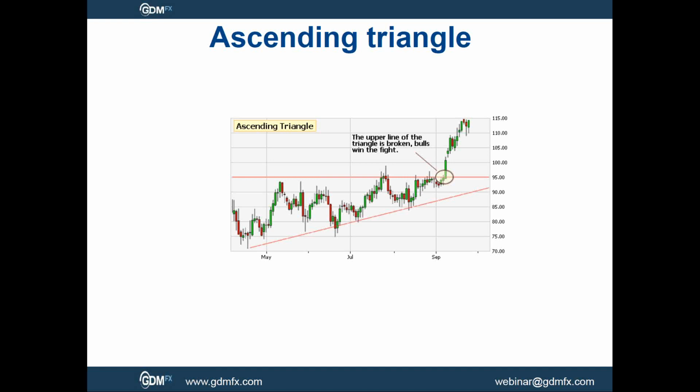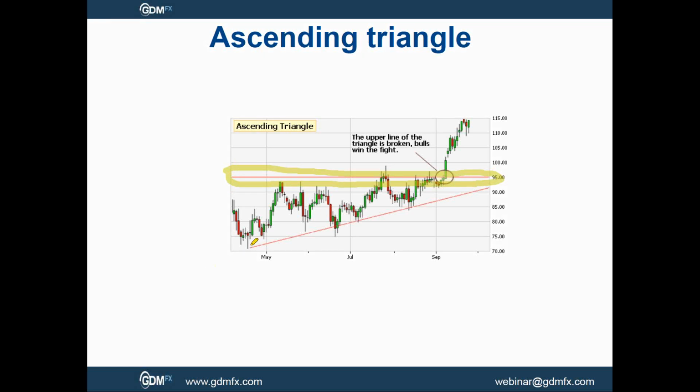Now the pattern is formed by two trend lines. One more time, a flat trend line that is a point of resistance and an ascending trend line that is acting as support. Now what you see here, one more time, we have our flat or sideways line that is acting as a resistance where we should look for a breakoff, and it's absolutely flat.